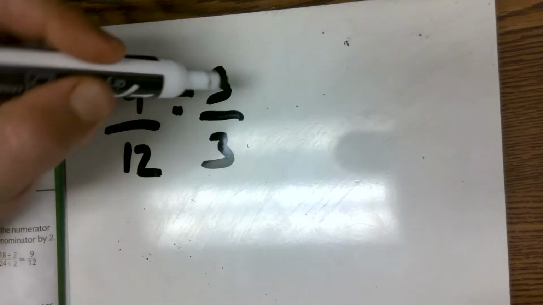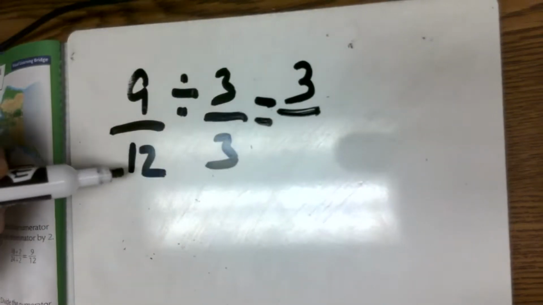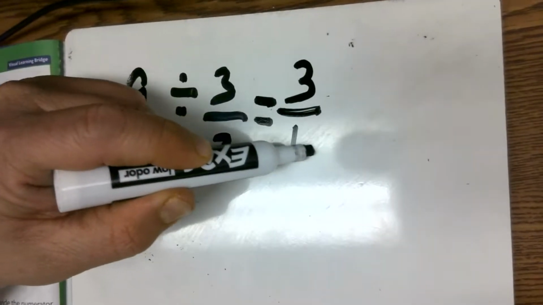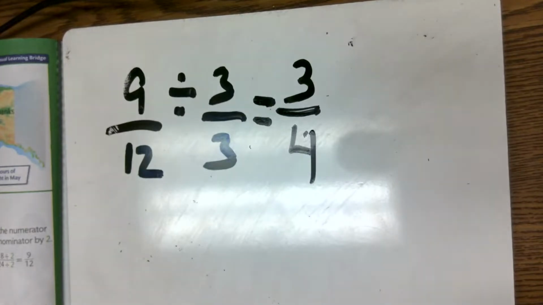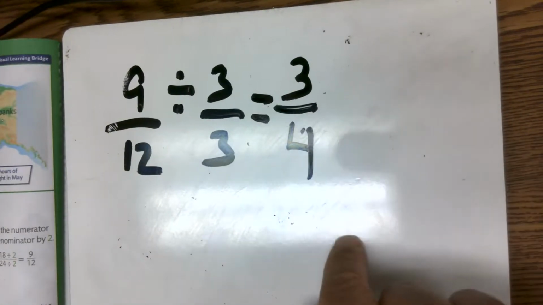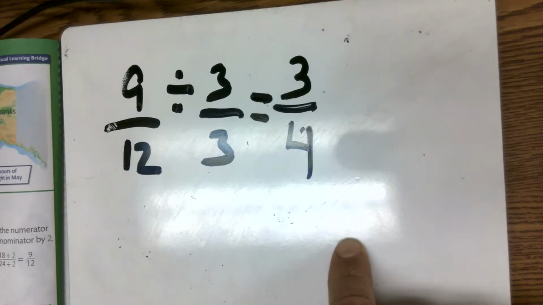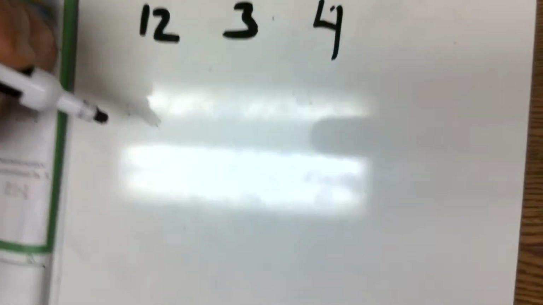So 9 divided by 3 goes 3 times. 12 divided by 3 goes 4 times. 9/12 is equivalent to 3/4. It's the exact same thing. How do I know that? Well, I just have to do the math.